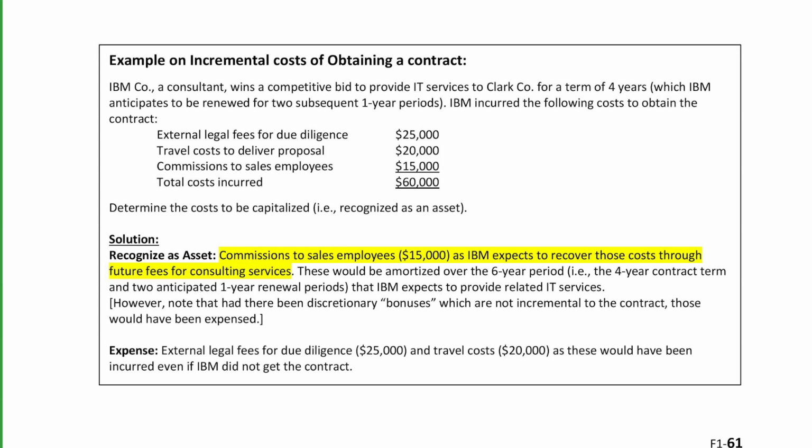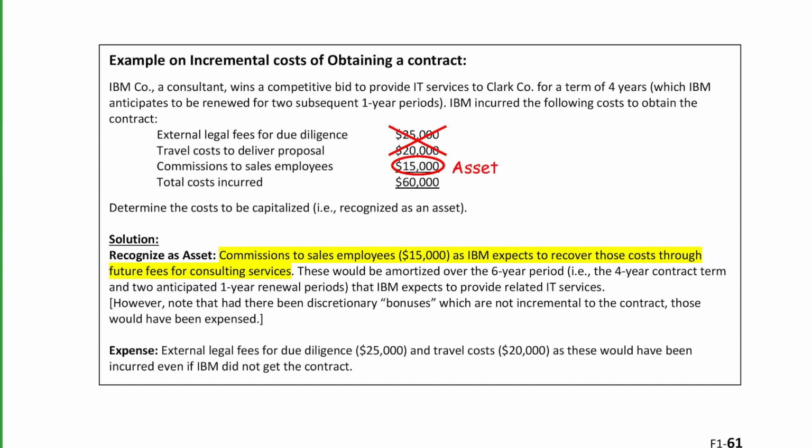However, the external legal fees for due diligence, $25,000, and the travel cost, $20,000, are expensed as these would have been incurred even if IBM did not get the contract. So basically, I want you to put a cross around both these expenses, while I want you to put a circle around the commissions to sales employees of $15,000 and write asset.